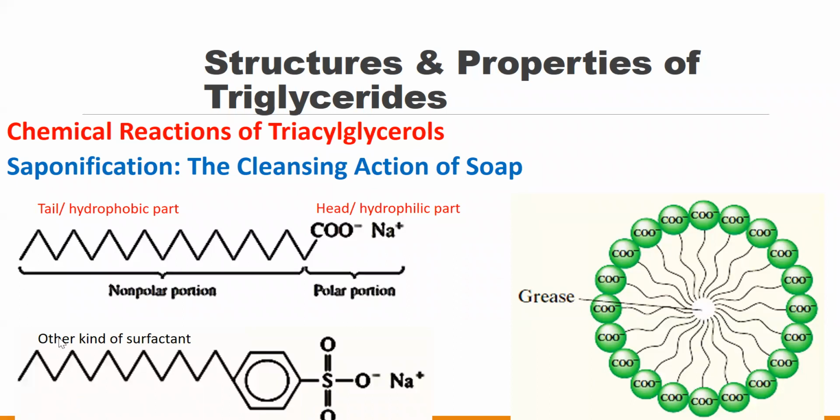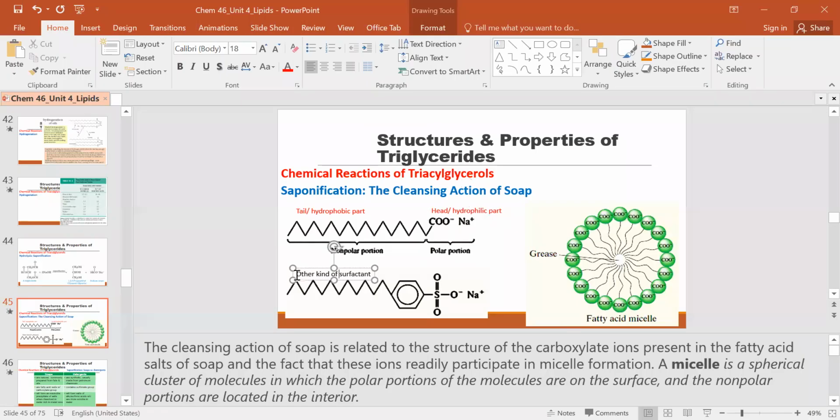We also consider this to be the tail, the hydrophobic part. Although the head part is different, the overall structure is that there is a polar end and a non-polar end. And you call this one a surfactant. In fact, this is the usual structure of the detergent.